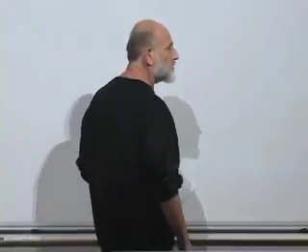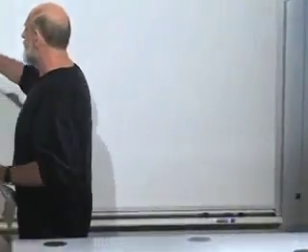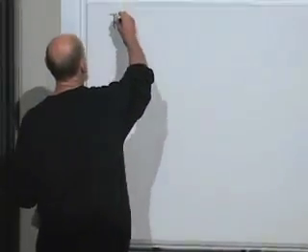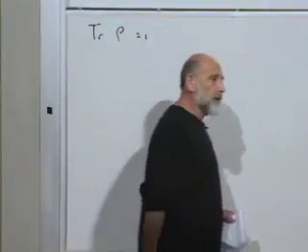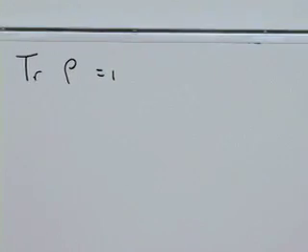The condition that the sum of probabilities adds up to 1 is denoted by saying the trace of the density matrix is equal to 1. Remember, the trace is the sum of the eigenvalues. The eigenvalues themselves of the density matrix can be thought of as the probabilities for different states. So first of all, the trace of the density matrix is equal to 1.